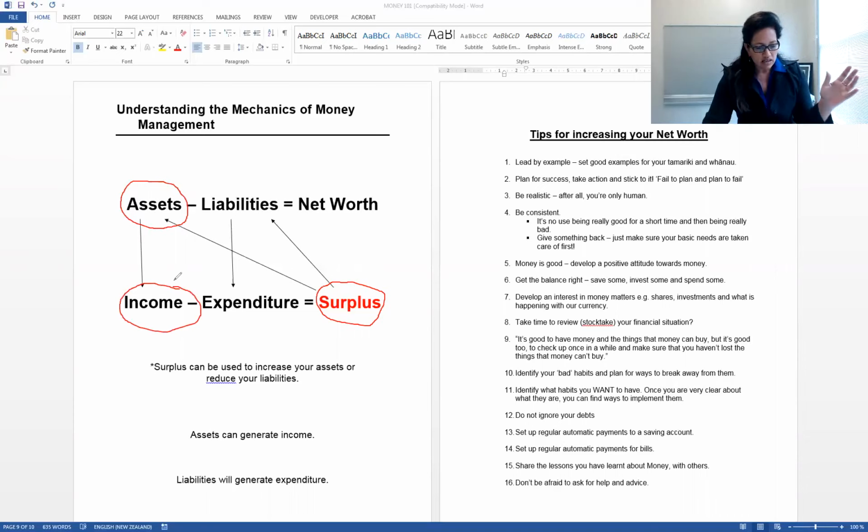As she knew with the house, it's enabling her to get more income. Or she can buy some more assets from her surplus that enable her to create more income. Because if more income is created, then she's going to have more surplus.